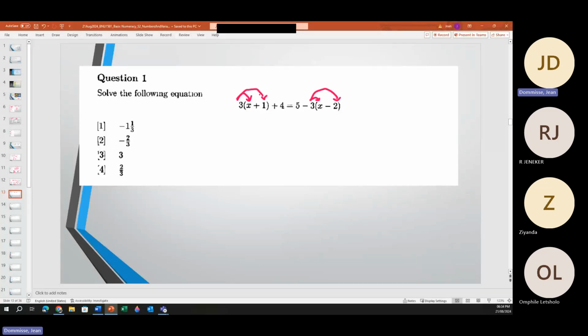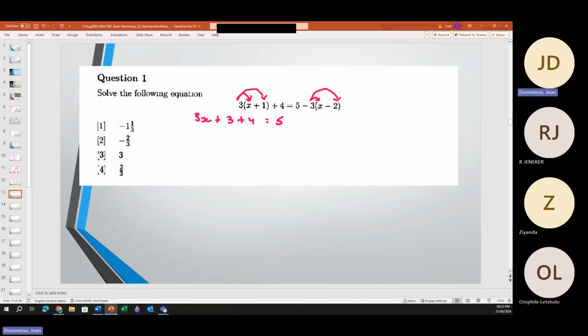So the first thing is all of the brackets. First, let's multiply that out. So 3 times x is 3x. 3 times 1 is 3. Then we'll keep the plus 4 where it is for now. Then let's work out what is on the right-hand side. So there's a 5.